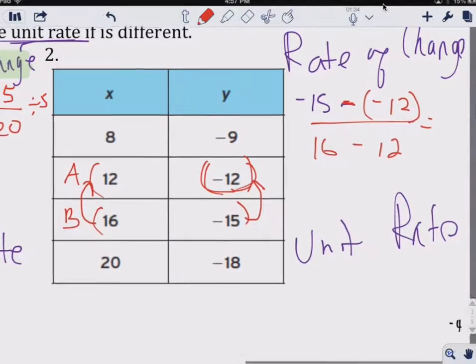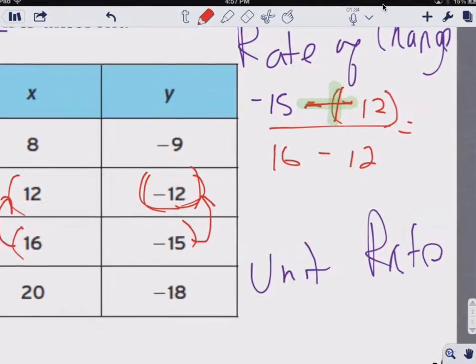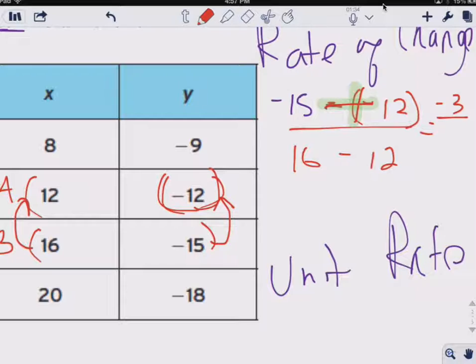That gives me these two minus changing into a plus. So these two negatives change into a plus. So that gives me a negative 3 over 4 is my answer.